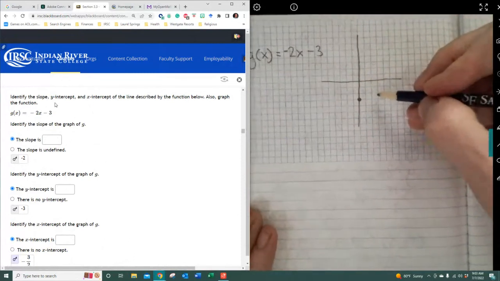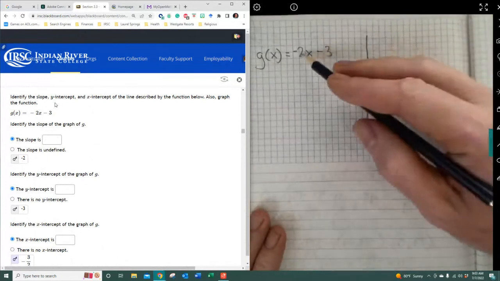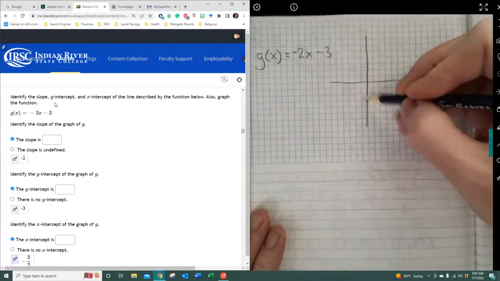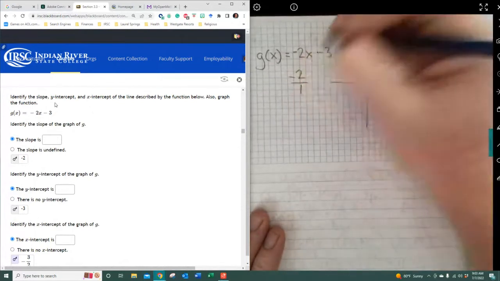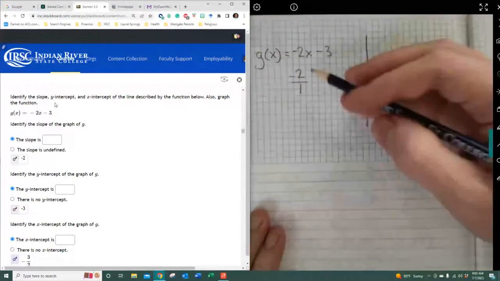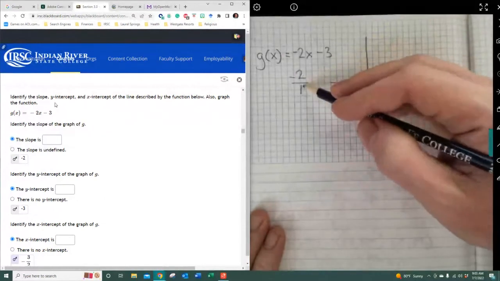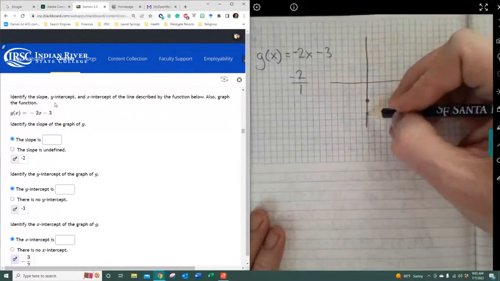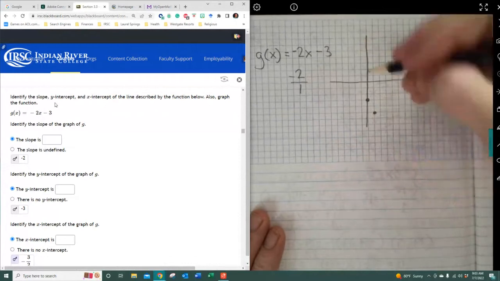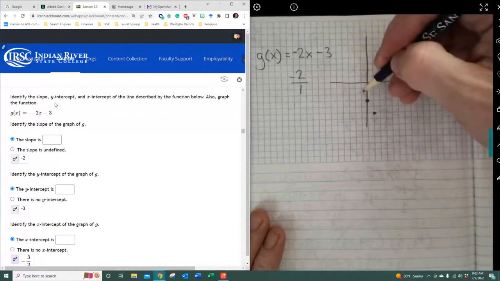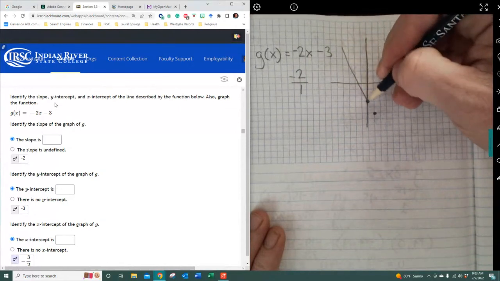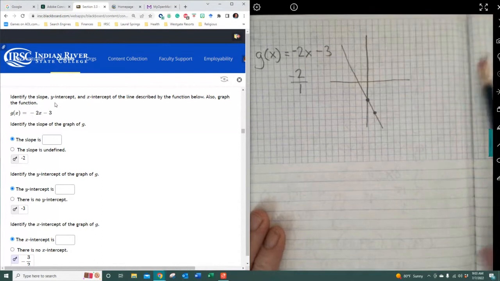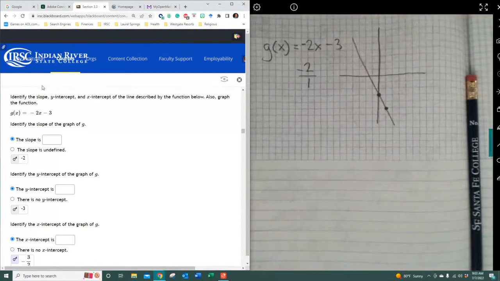Then using the slope, you find another point. So down 2 over 1. Understand that this slope is an integer value, so you put it over 1. So it's down 2 over 1. Now that you have that, you graph it accordingly with a straight line, preferably using a straight edge. But you have technology here, so it doesn't make a difference.